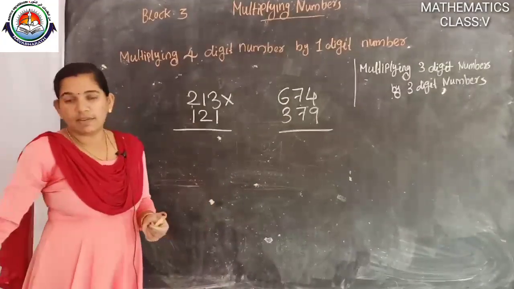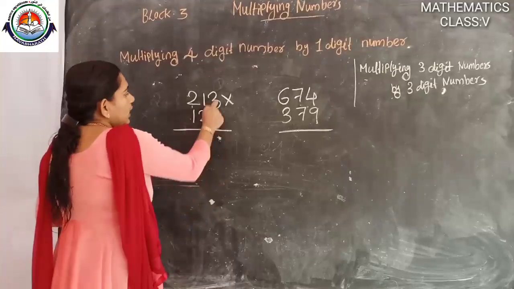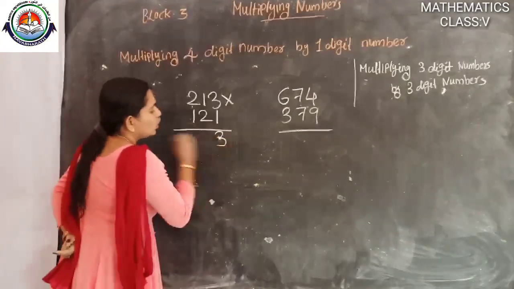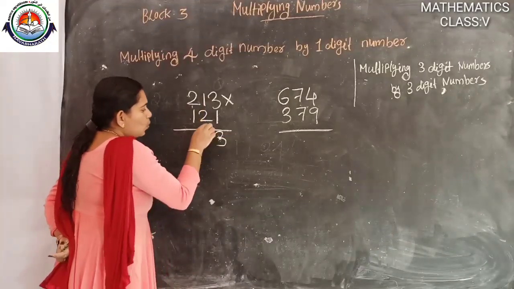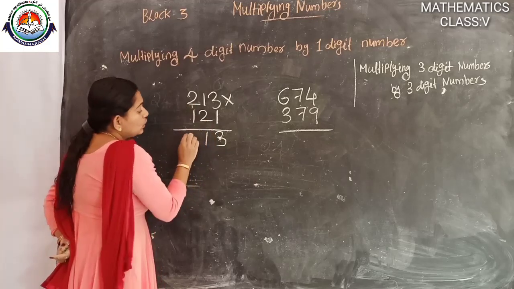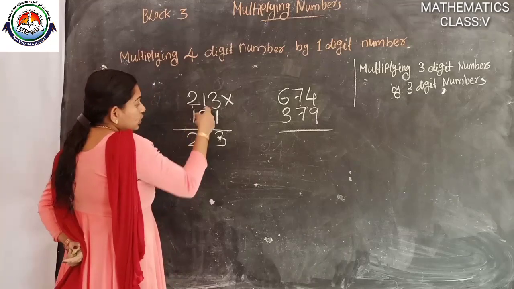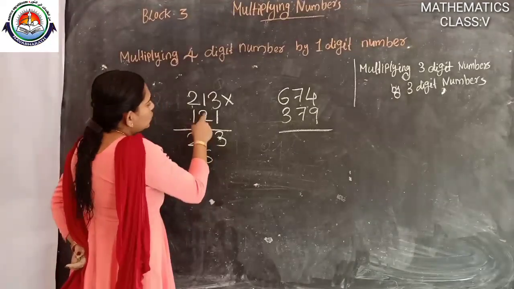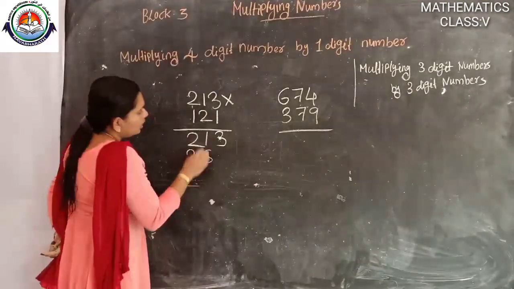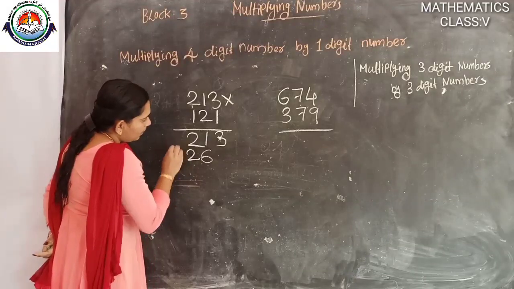Okay, we will check how to get it. 1 into 3, 3. 1 into 1, 1. 1 into 2, 2. Then again we multiply with 2. 2 into 3, 6. 2 into 1, 2. 2 into 2, 4.